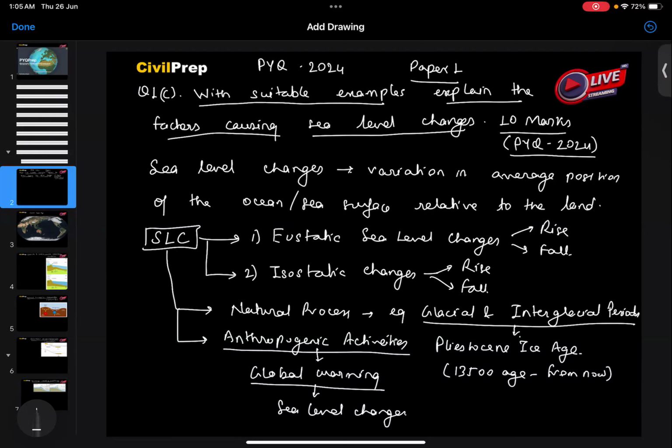So this is the basic aspect, where we see what sea level change is and the types of sea level changes which have occurred in the past in the natural way, that is isostatic and eustatic, and next the anthropogenic causes, that is global warming and sea level change.